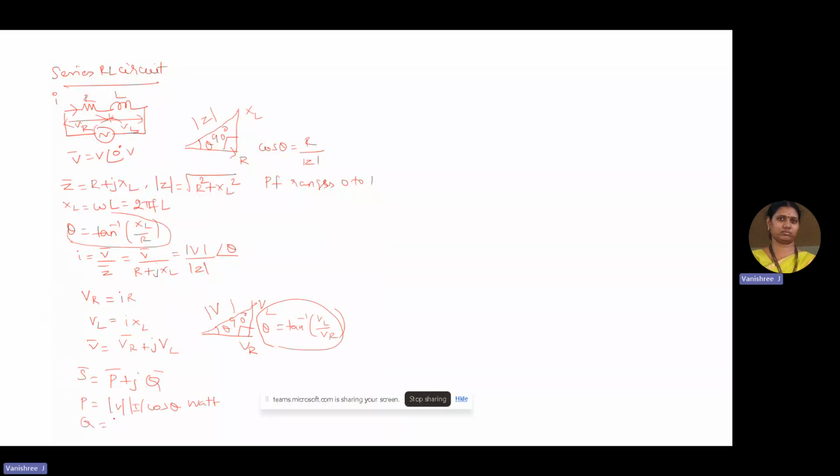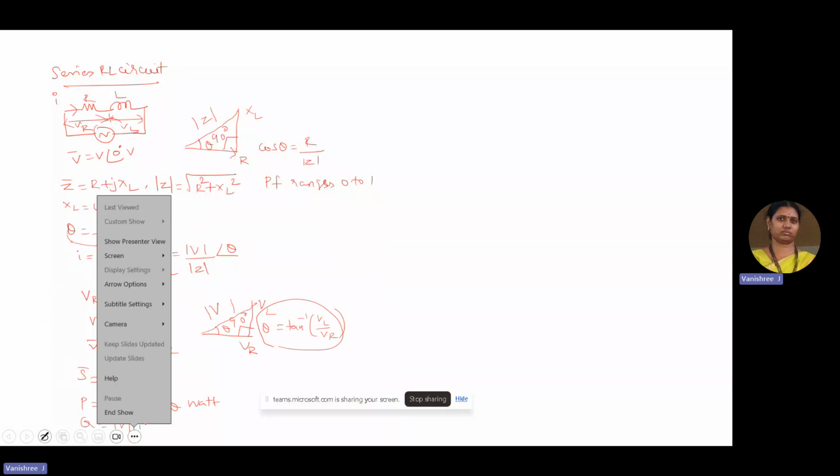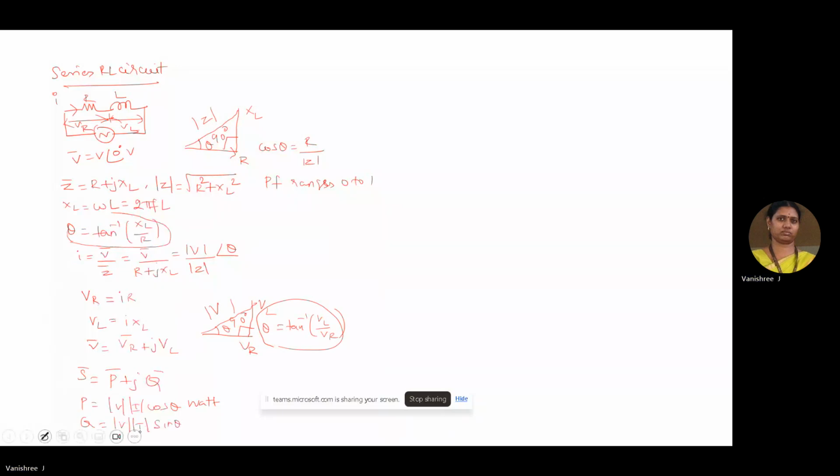Q is the reactive power, equivalent to V into I sin theta, measured in volt ampere reactive. Then S is the apparent power, which can be given by root of P square plus Q square, or modulus of V into modulus of I, which is measured in volt ampere.